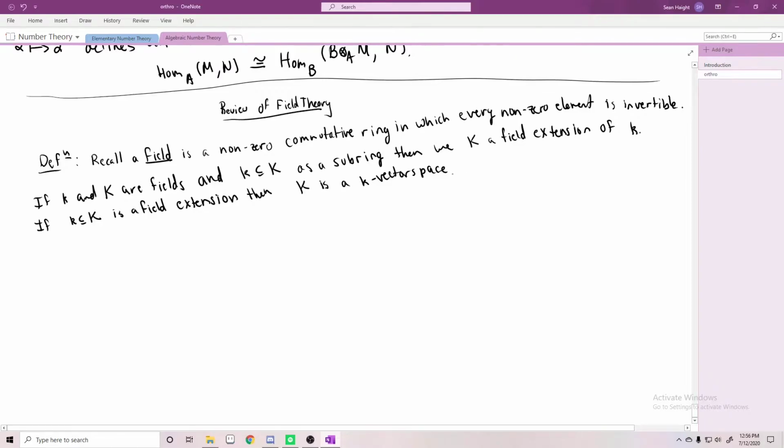The dimension is called the degree of the field extension. The dimension, dim little k of big K, is the degree of the field extension.